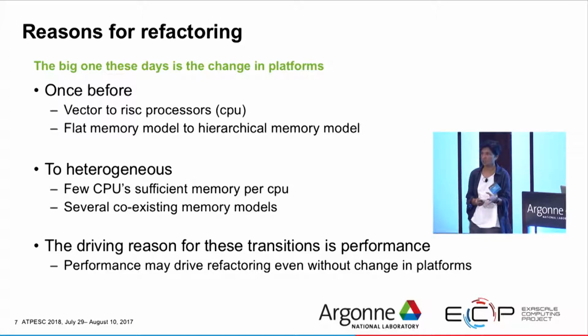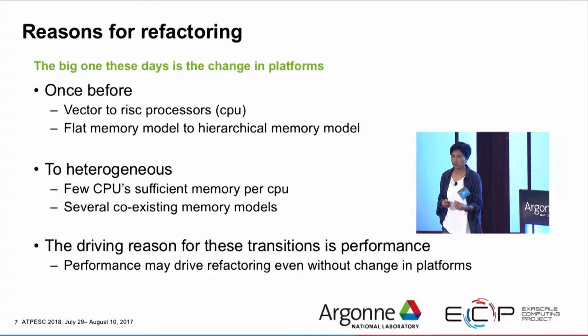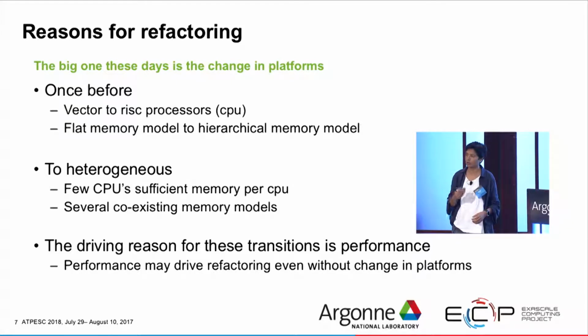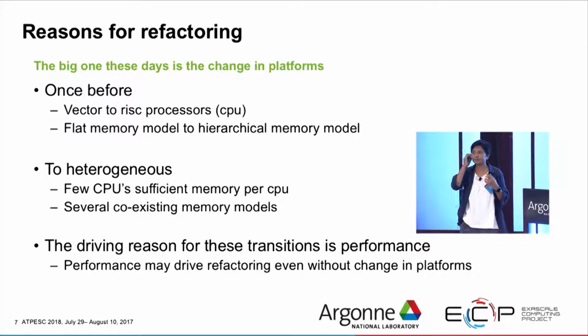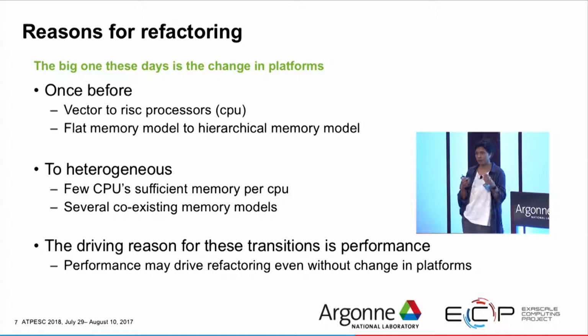In vector architectures, the preferred mode of operation was very large vectors on which you just repeated the same operation over and over again, because the efficiency was achieved by repetition of that.